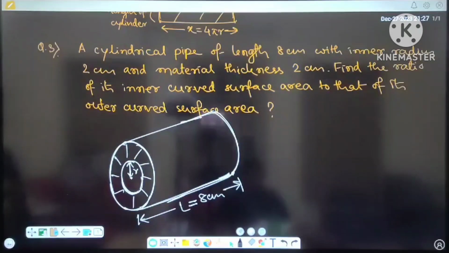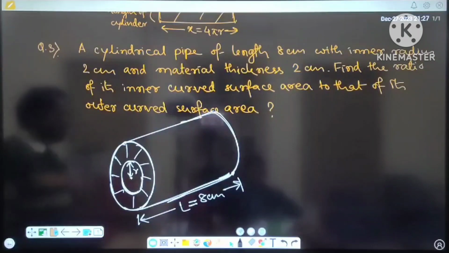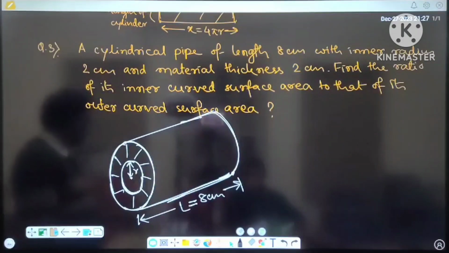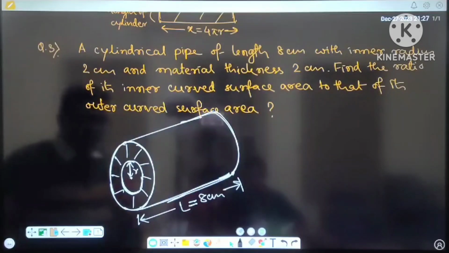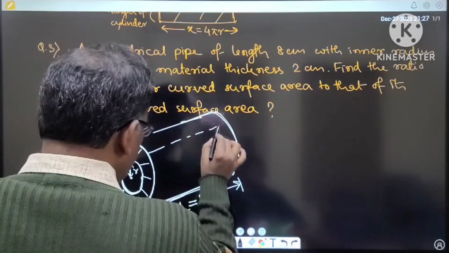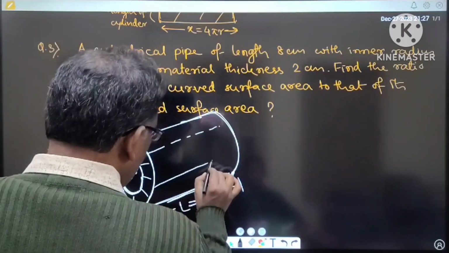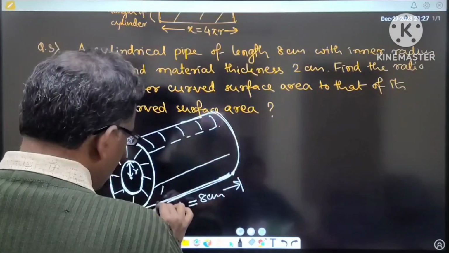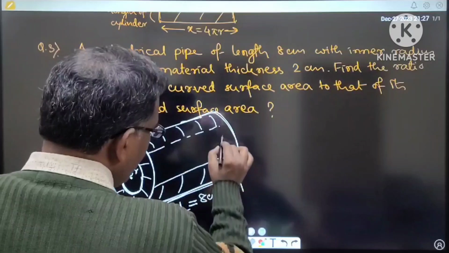Its inner cross section is given. It is having material available in it, right? It is not entirely solid. You can draw a dotted line like this. So this is that material part. This is the material part.